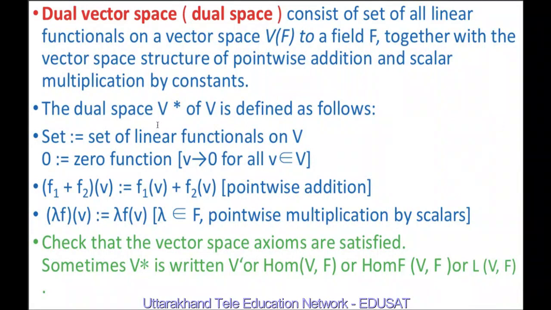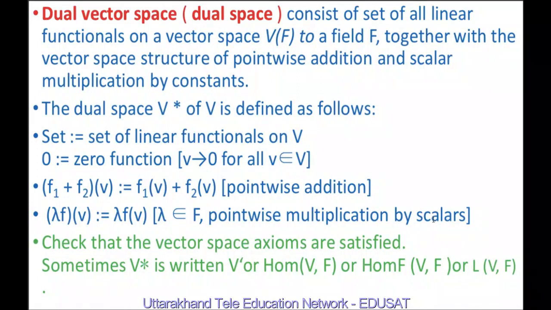It means the dual space V star of V is defined as the set of linear functionals of V: the zero function which maps v to 0 for all v belonging to V; (f1 plus f2)(v) is equal to f1(v) plus f2(v), pointwise addition; (lambda f)(v) is equal to lambda f(v), where lambda belongs to F, pointwise multiplication by scalar.